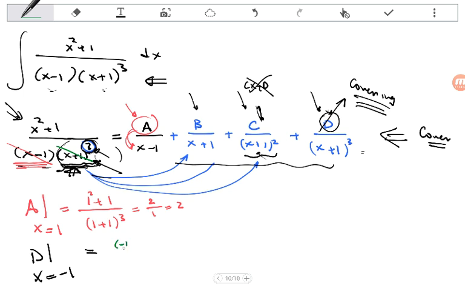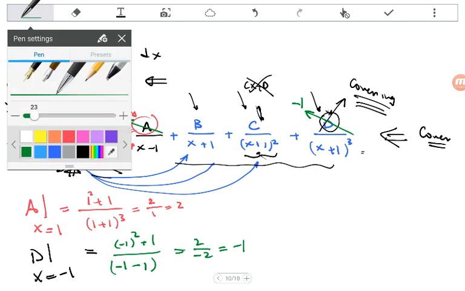So now this will be -1 squared plus 1 over -1 minus 1, and the result will be 2 over -2, which is -1. So now I've managed to find the value of A, which was 2, and the value of D, which is -1. I still need two constants to find.